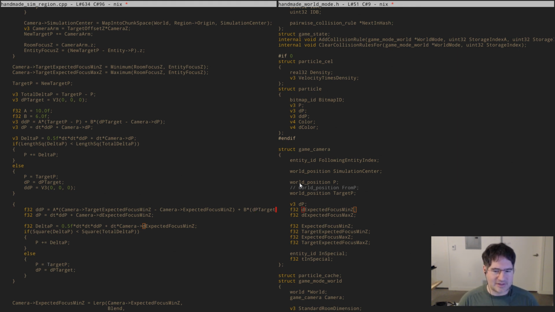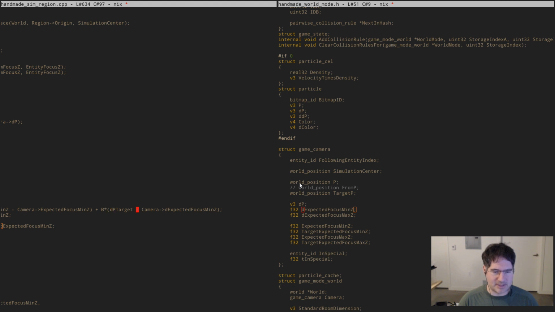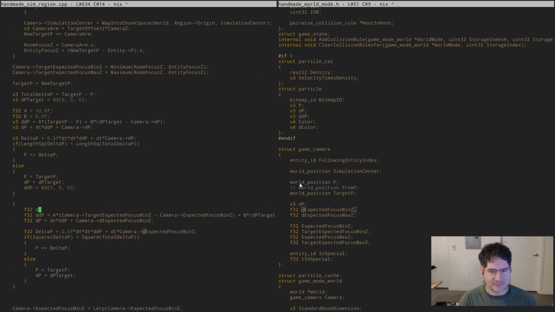Since I don't really think this should be changing much, because most of the time the target relative to the camera, since you're moving the camera, I think you could probably eliminate this term. So I'm going to say, for now, this is always 0.